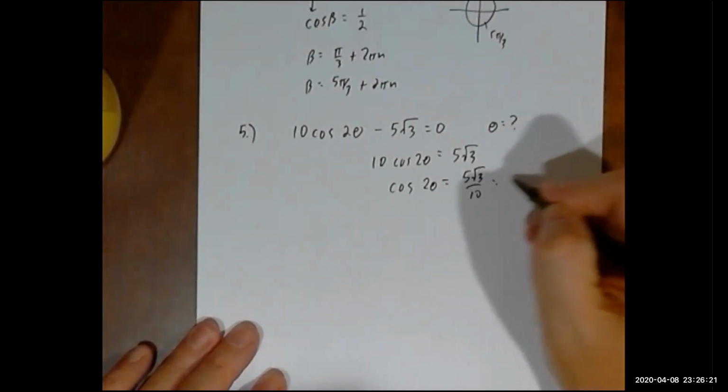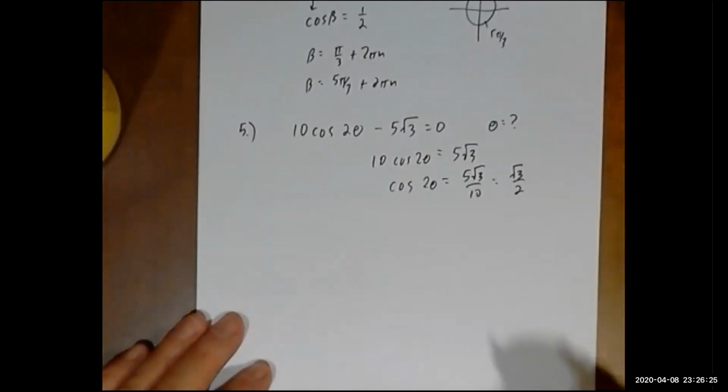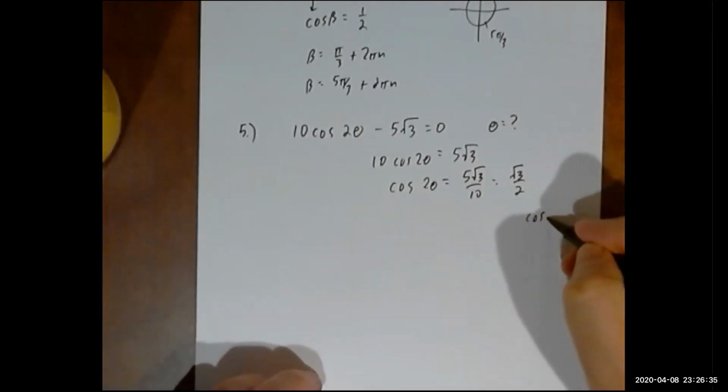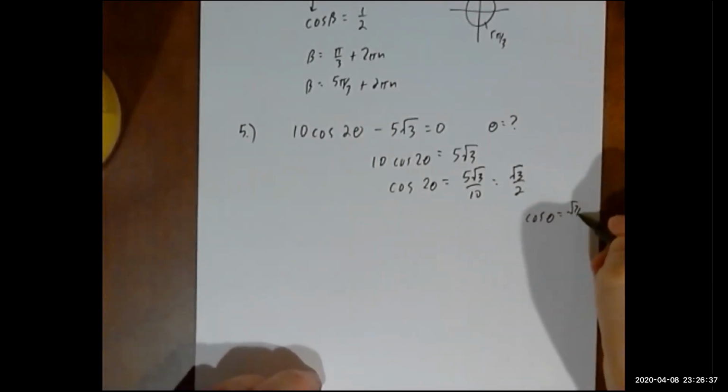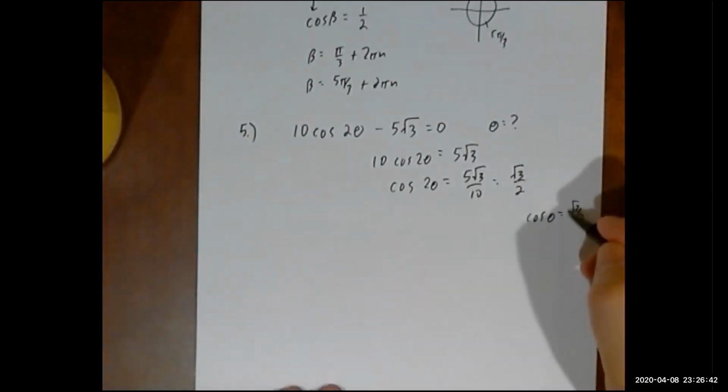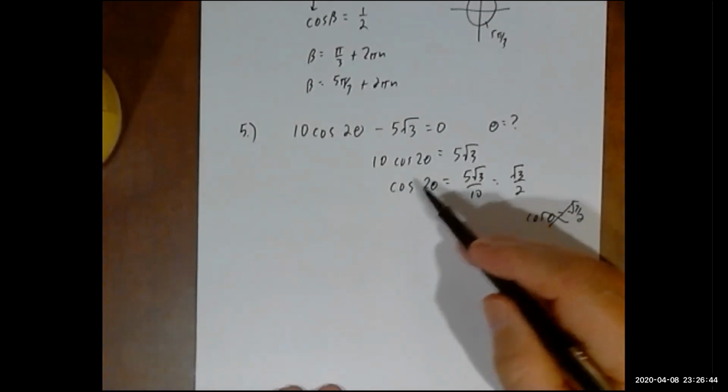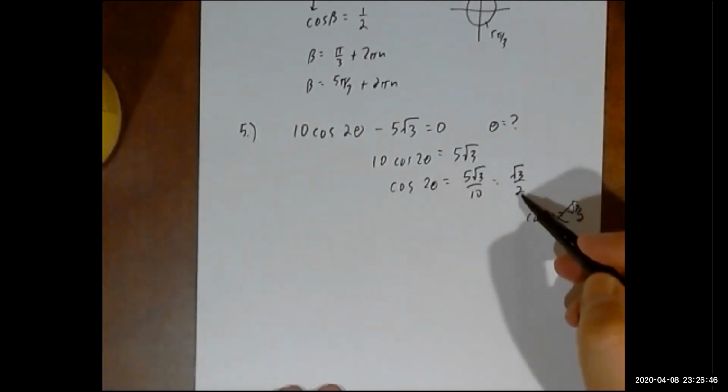Of course, 5 over 10 reduces to one half. So this is something that looks familiar, right? Square root of 3 over 2, we see that a lot. But the problem is, if this was simply cosine of theta equals square root of 3 over 2, then I would almost be done. But I don't have that. I have cosine of 2 theta equals square root of 3 over 2.